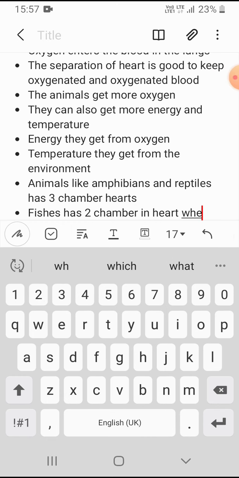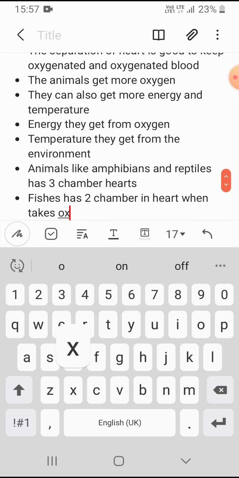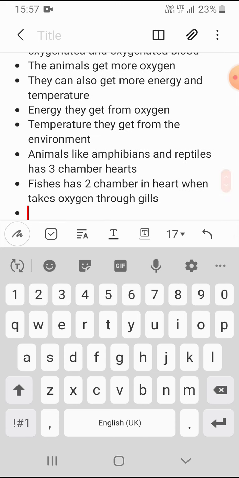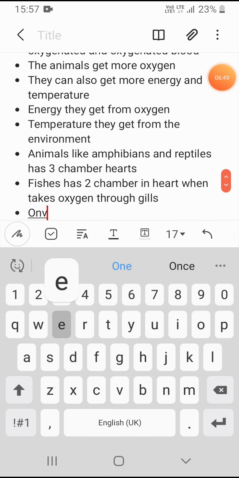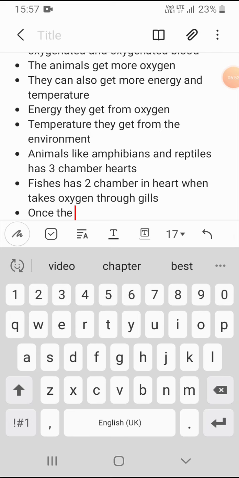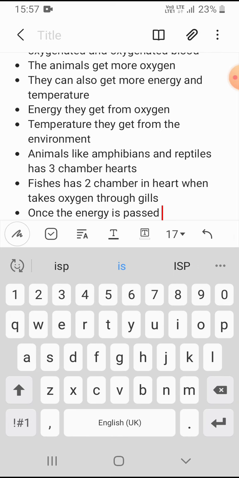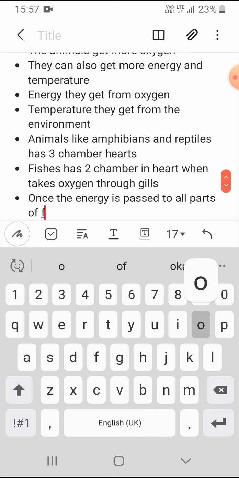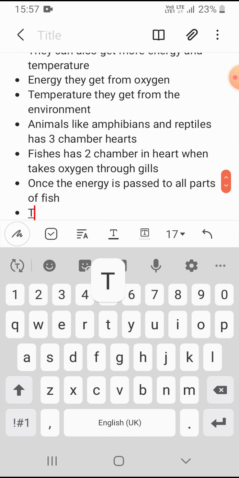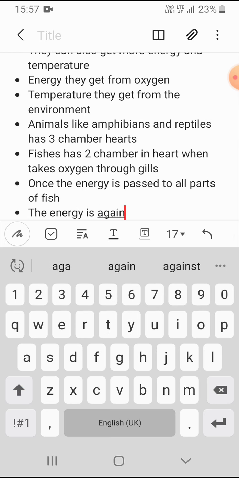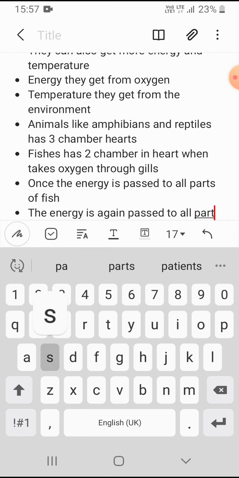When it takes oxygen through gills, once the energy is passed to all parts of the fish, then the energy is again passed to all parts of the fish.